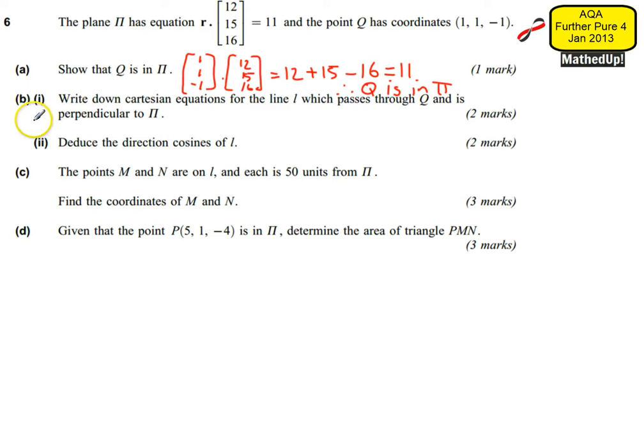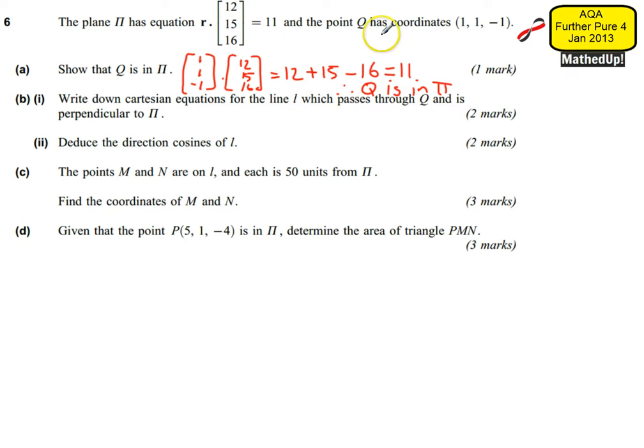Okay, part B says write down the Cartesian equation for the line L which passes through the point Q and is perpendicular to pi. Okay, so to work out the Cartesian equations, I know that the line L passes through Q, and if it's perpendicular to pi, then L must be in the direction (12, 15, 16), because this is the normal to the plane.